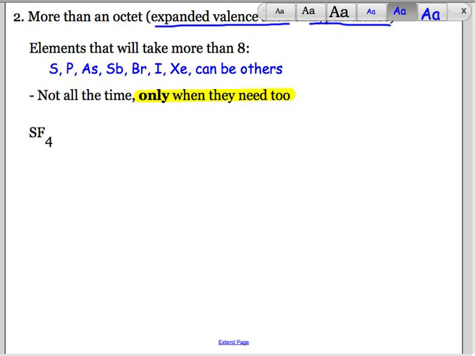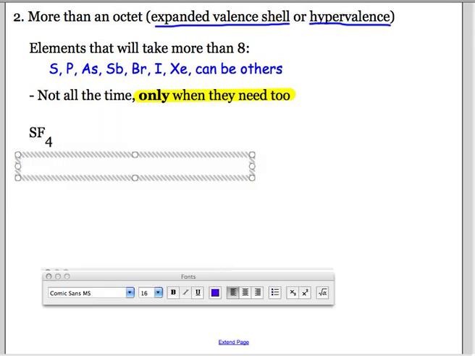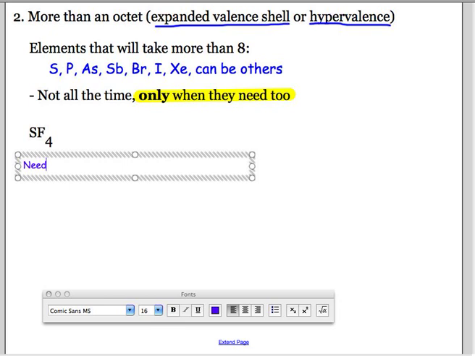So if we look at sulfur hexafluoride, we'll do our need, available, share. Our need is we have 5 things and they all need 8 electrons. So we need 40 electrons.